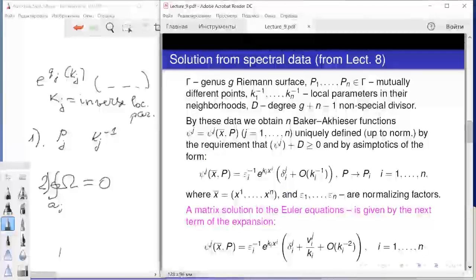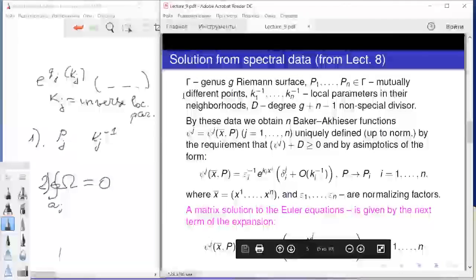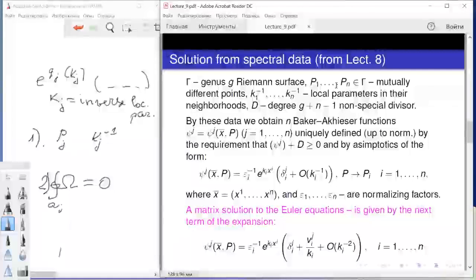So we have our spectral data, a Riemann surface, a set of endpoints, which are mutually different, local parameters in the neighborhoods of these points, and a degree g plus n minus 1 non-special divisor.